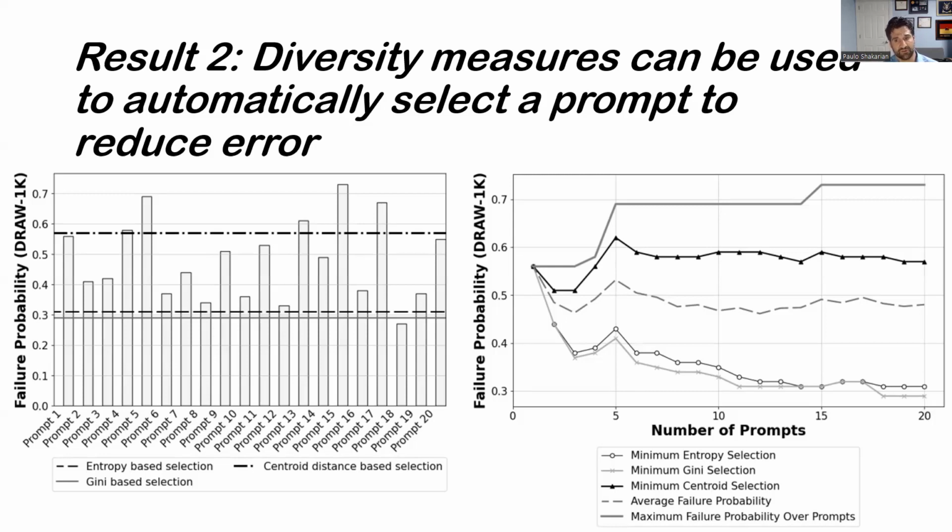When we used the Gini or entropy methods, we obtained a significant lower failure probability than any of the individual prompts, and also better failure probability than the average across the different prompts. We see that in the chart here. And of course, compared to the worst case scenario, it beats that out really well.